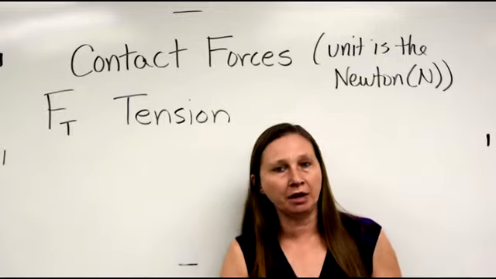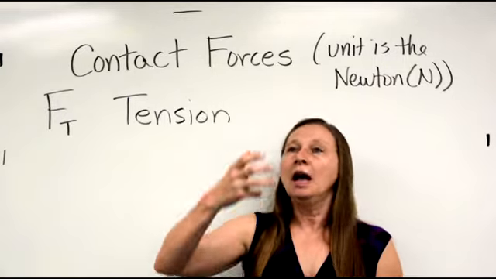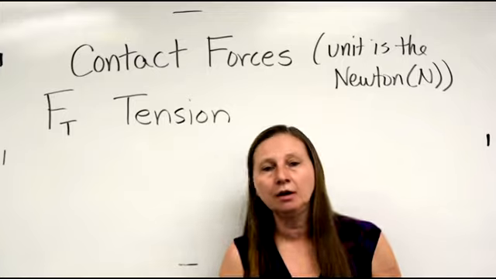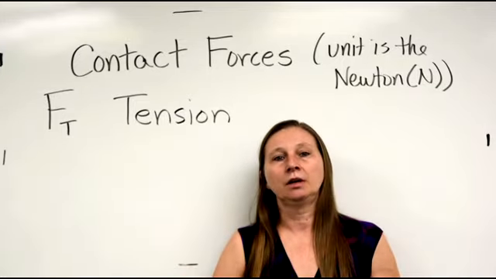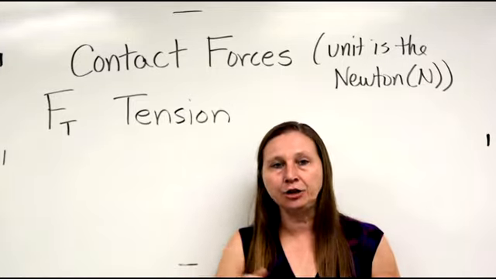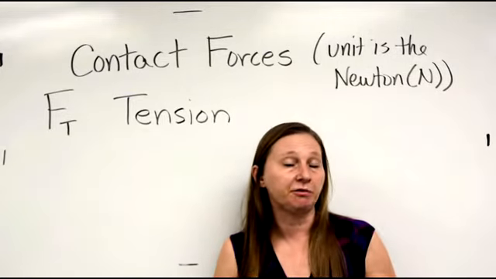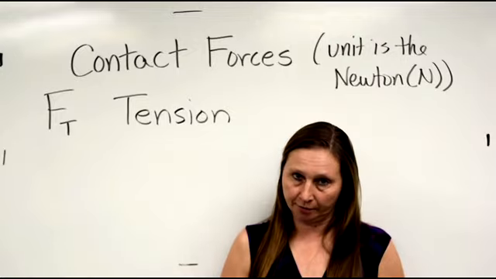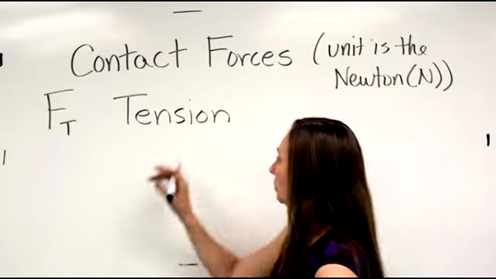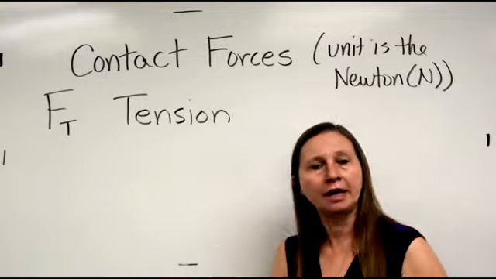Now, every string, every cable, every wire has a certain rating. If you hang something too heavy from that string or wire or cable, if you exceed the rating, the tension that string or wire or cable is manufactured to support, then that string or wire is going to break. All right? So tension is the force in a string, a wire, a cable, a rope.